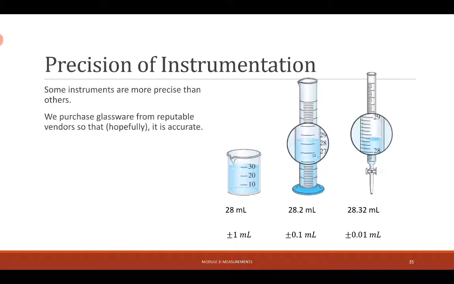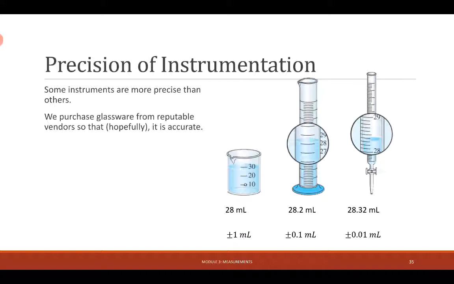Graduated cylinders are a bit better because the lines are typically a bit closer together. But when we need even more precision, then we have to go with a burette or another device that has even finer tuned lines. So you can tell the precision of the instrument by how close together the lines are. The finer the increments, the more precise the instrument is.